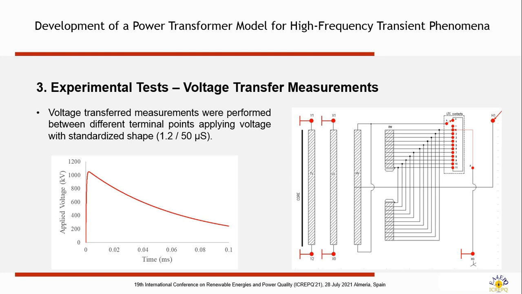So we can see on the left the wave, and on the right the configuration for case 1. You can see that the tertiary winding and the low voltage winding are grounded. The wave is applied on the high voltage winding at each one point, and we measure the response on the regulating winding.